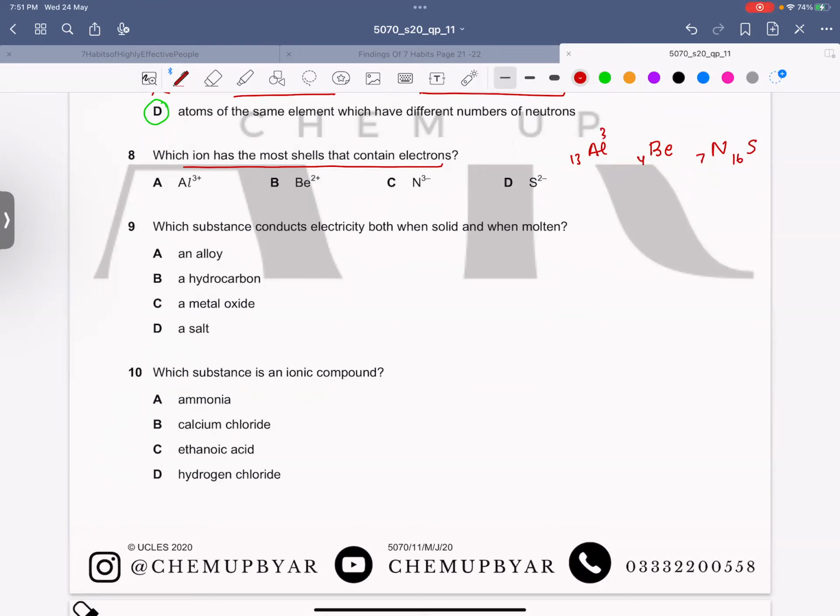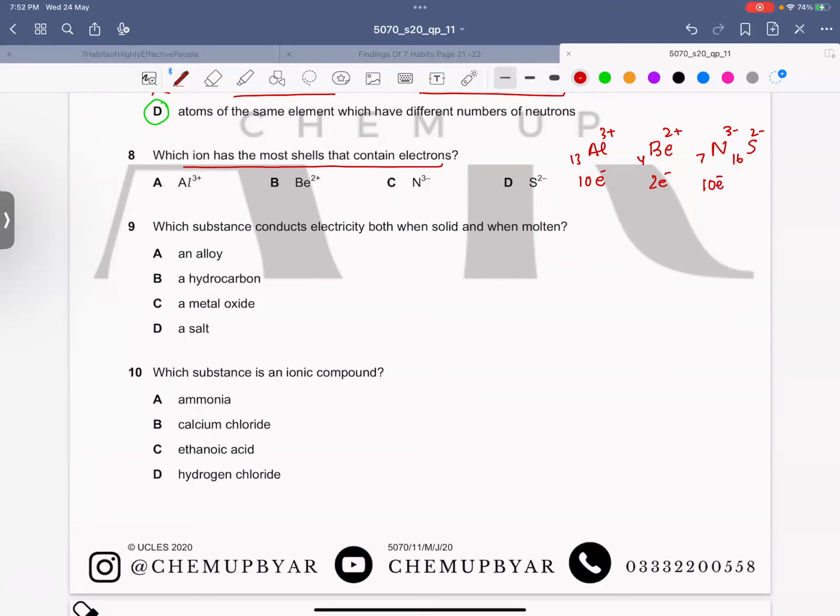Here we have a 3 positive charge, 2 positive charge, 3 negative charge, and 2 negative charge. So from here I can say this one has 10 electrons. This one has 2 electrons. This one has 10 electrons.